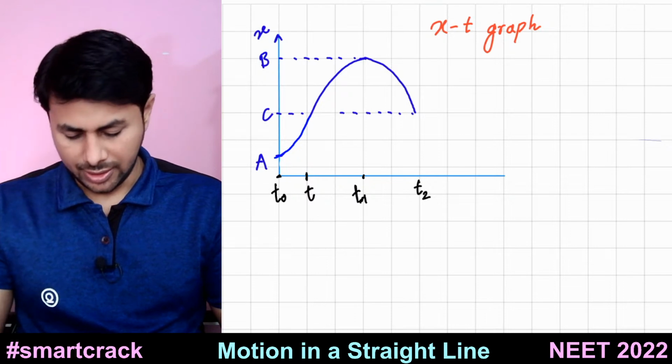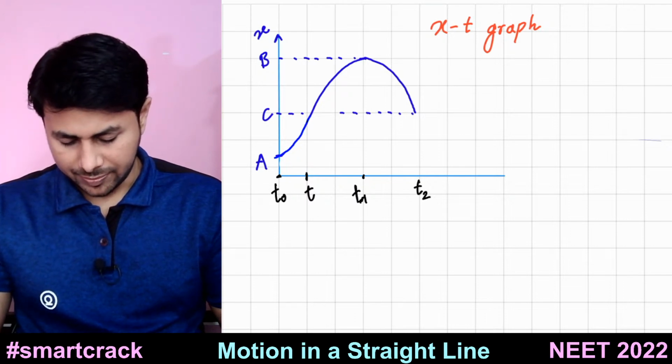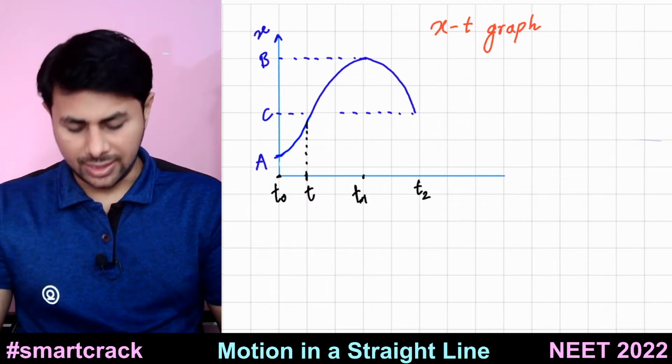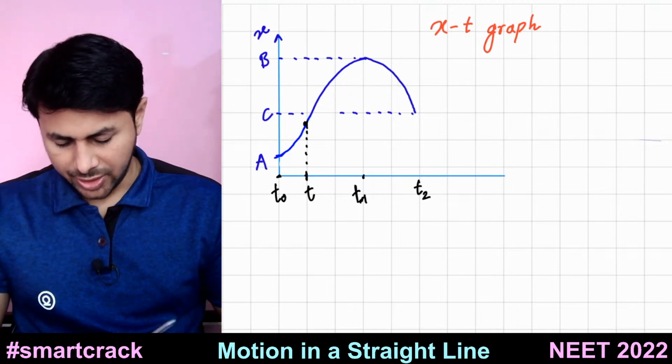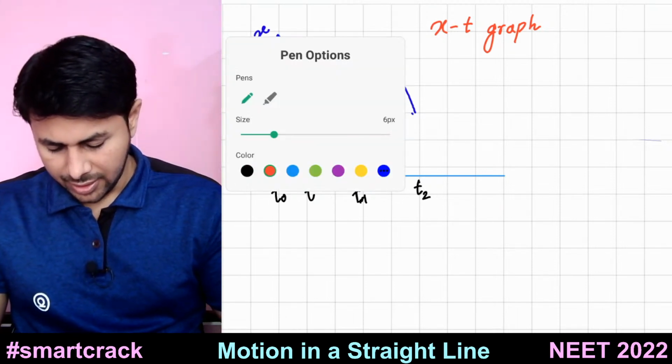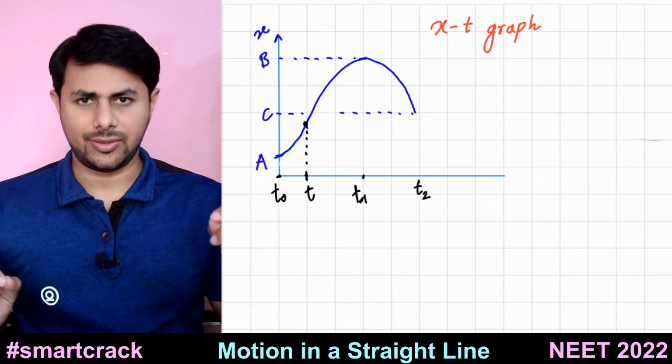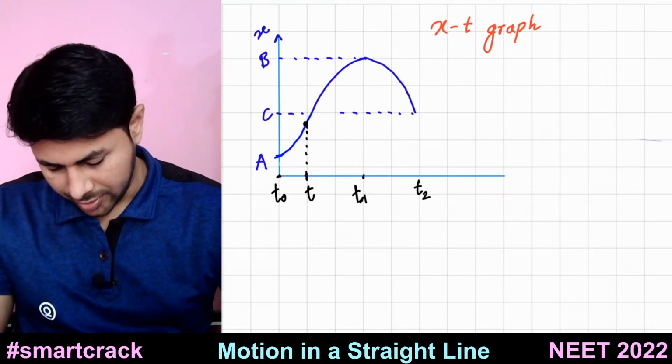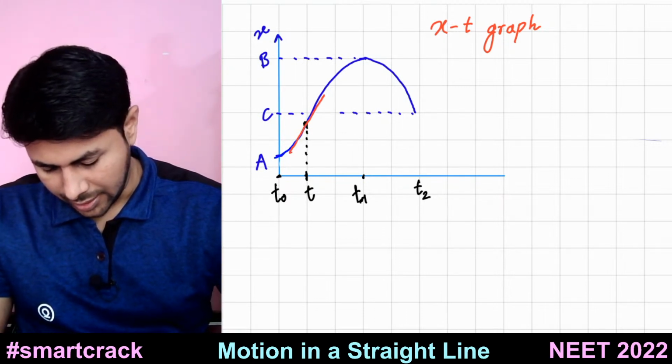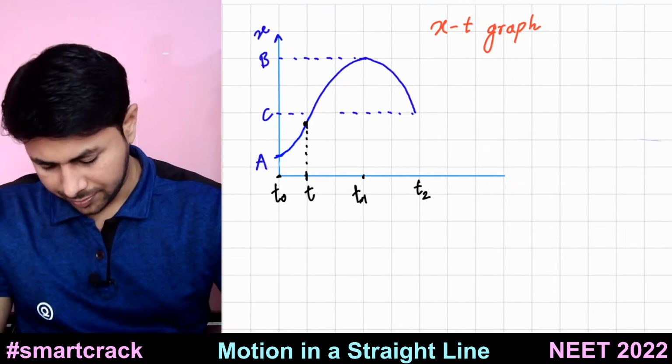So what will I do? I will draw a perpendicular from this point on the graph. It meets at this point, and then I will draw a tangent to the graph at that point. So I will draw this tangent.